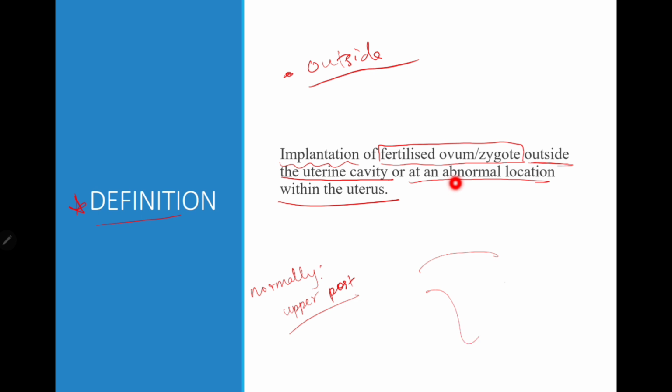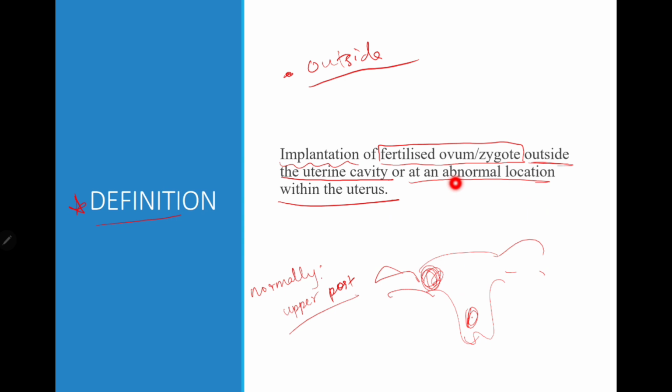So even within the uterus, if it is somewhere in the angle of the uterus or in the cervix, this also refers to ectopic implantation. This is the perfect definition.